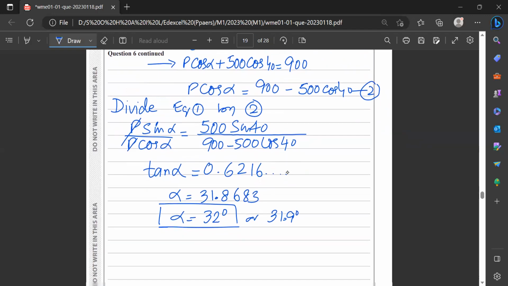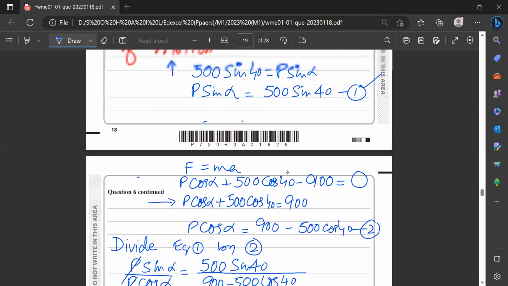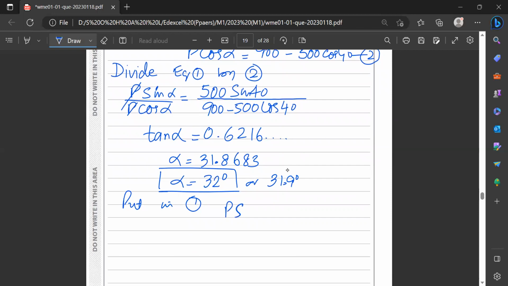Now, for P we can put this value in equation 1, and equation 1 was P sine of alpha equals 500 sine of 40. P sine of 31.8683 equals 500 sine of 40. So 500 sine of 40 divided by sine of 31.86, and so on.